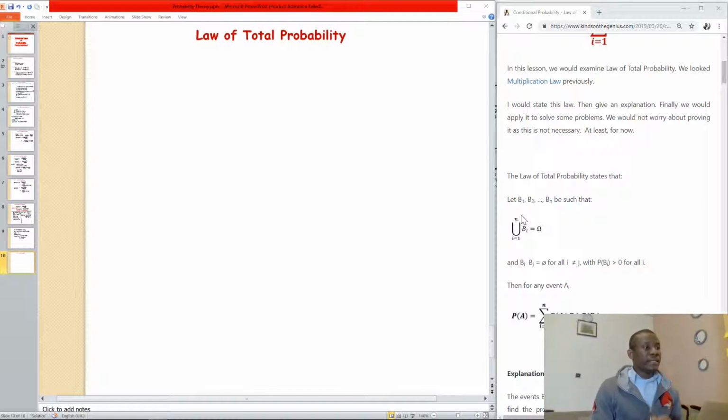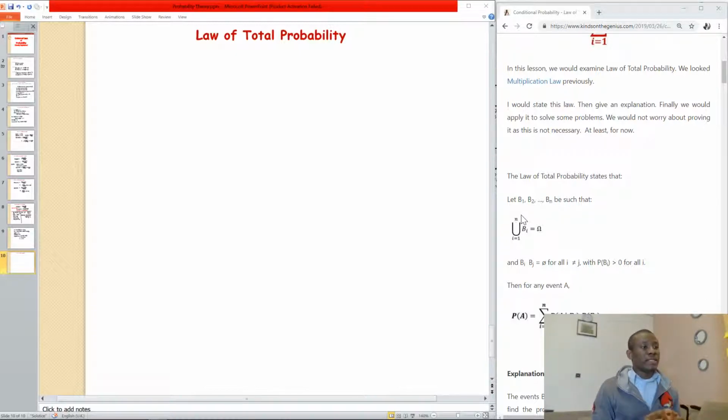And for i not equal to j, Bi intersection Bj equals 0. It means that all these events B1, B2, B3 are disjoint. They are not having anything in common.